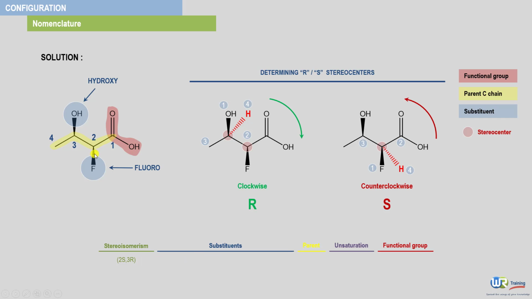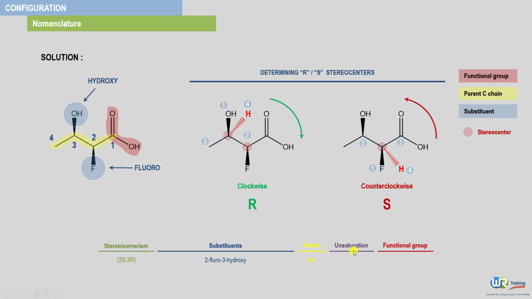For the substituents, we have a hydroxide group and fluorine. Fluorine is on the second position, hydroxide on the third, so it will be 2-fluoro 3-hydroxy as substituents. For the parent, we have a chain of 4 carbon atoms, so it will get but as parent.